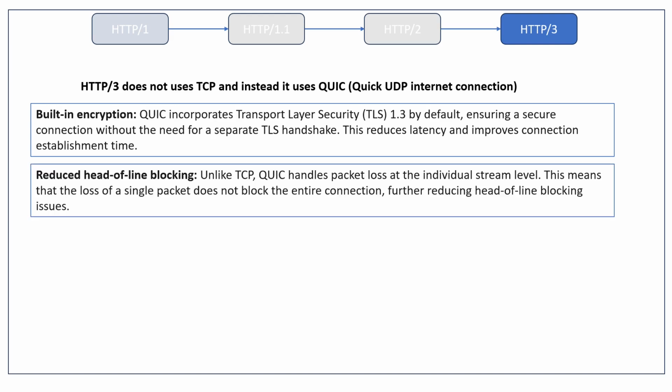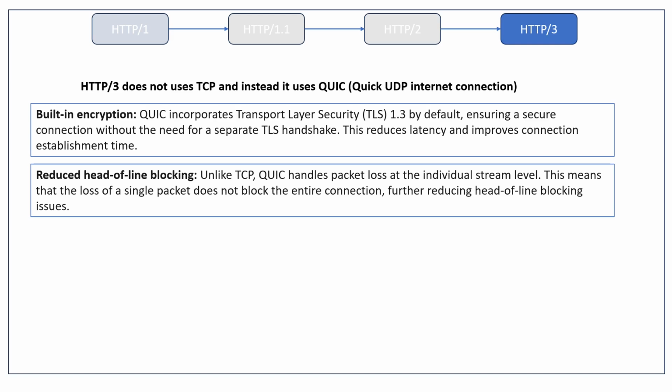And there is also reduced head of line blocking in this particular version, because whatever data we send is in a binary format and at the stream level. It means that even if some binary packet or some data is lost in transit, it won't block the whole other request, right?